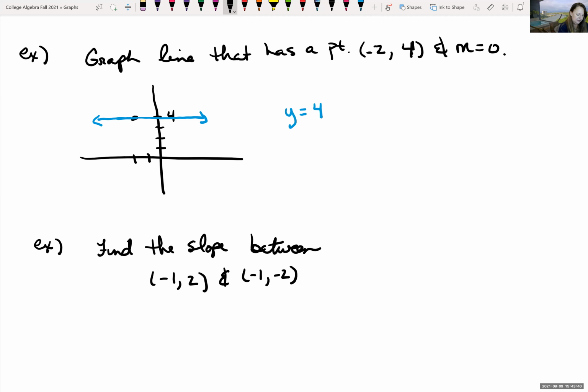Well, if you look at this, notice our x values are the same. Actually, not my y values, it's my x values. So let's look at our y values.